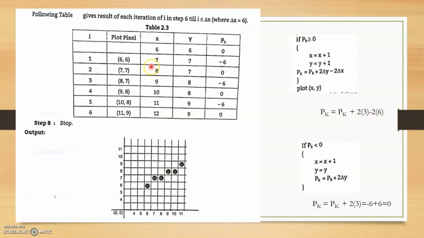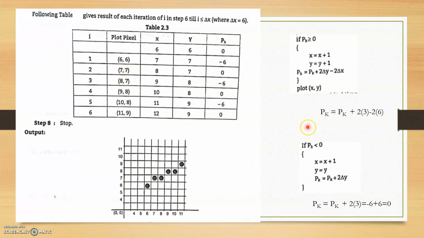Then the point you get here is 7, 7, that is the next point of the line. This is 7, 7, and we have to plot that point. Here we have plotted 7, 7, and this minus 6 is the pk value for this 7, 7.